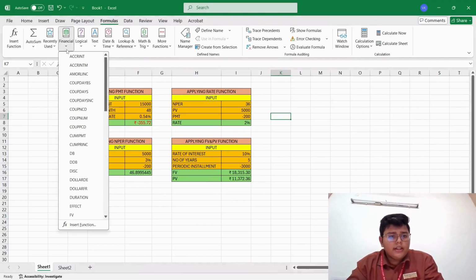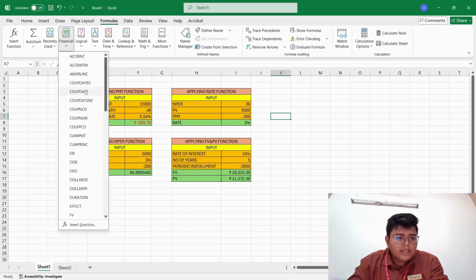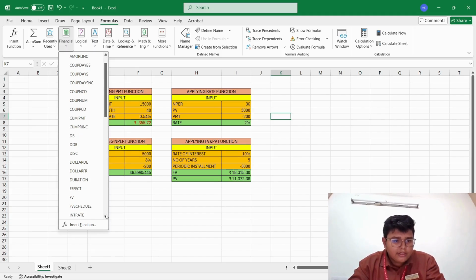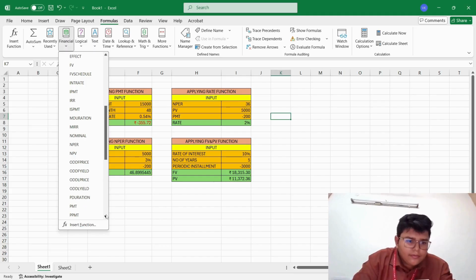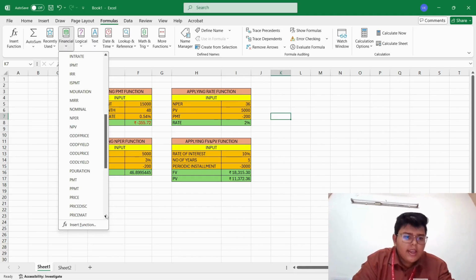There are financial functions, and you can see FV, PMT, PV, and RATE.